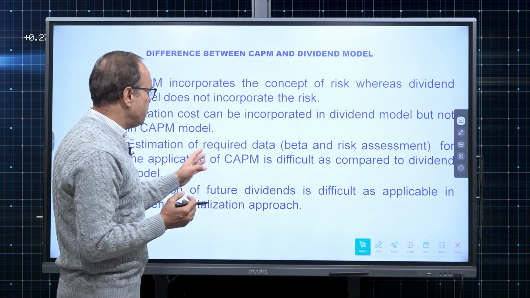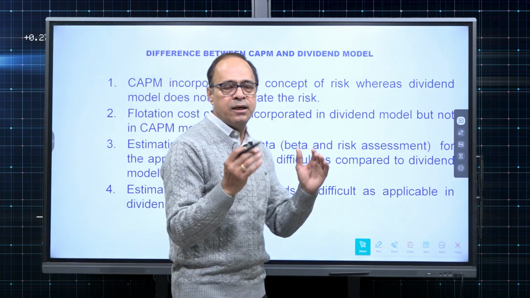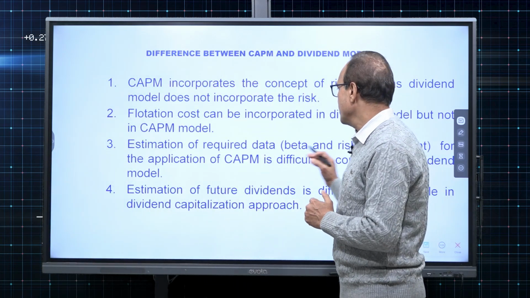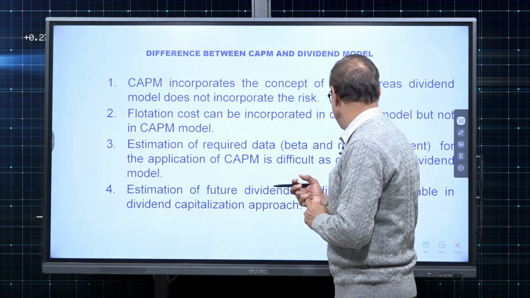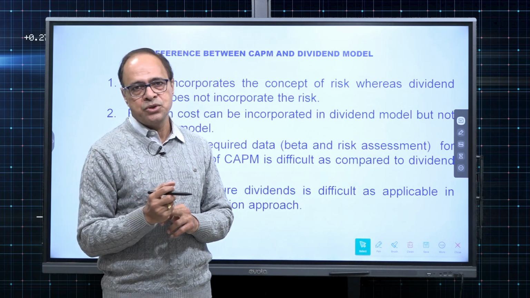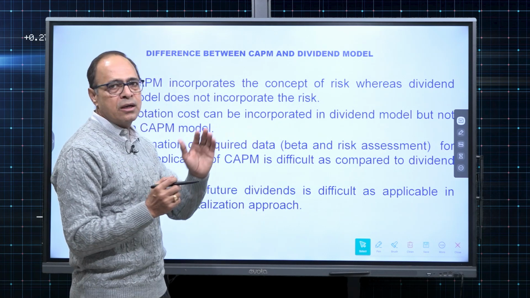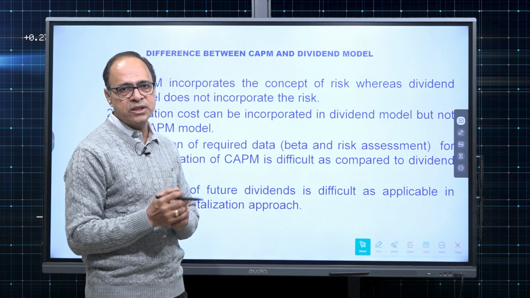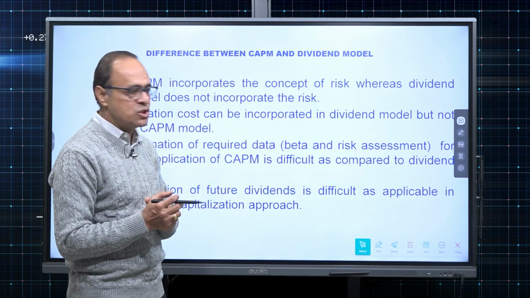Then estimation of beta requires a detailed exercise. We need to have market data, data of the market portfolio, index of the market and all that. So, accordingly it is difficult to apply CAPM, and then estimation of future dividend is difficult as applicable in the dividend capitalization approach, because under dividend capitalization approach we are assuming that company will keep on paying dividend year on year till infinity. That is difficult to estimate. So, these are the theoretical aspects about comparison between these two models.